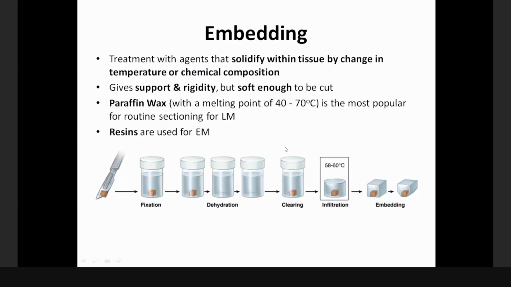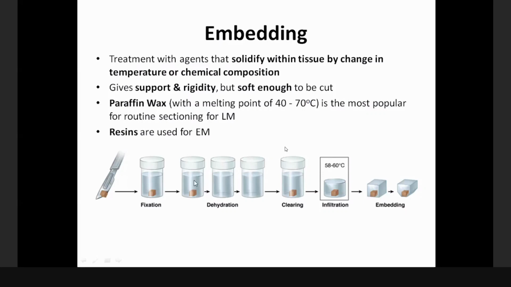You also have to know the widely used agents for the different steps of tissue preparation. For example, I told you, for fixation, it is formaldehyde. Formaldehyde is nothing but formalin. Formalin is a liquid; formaldehyde is a gas of the same chemical.